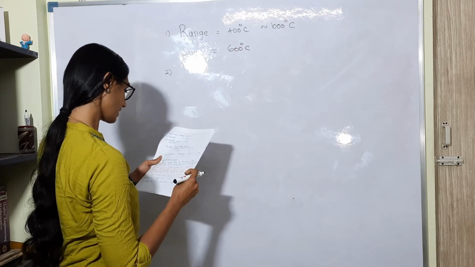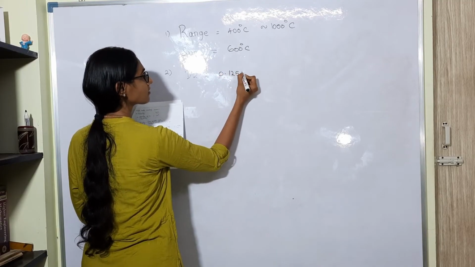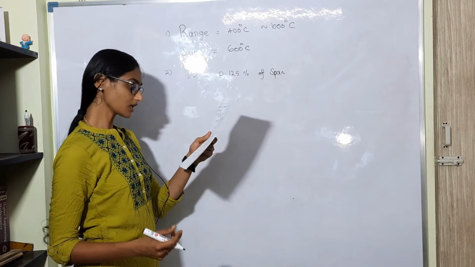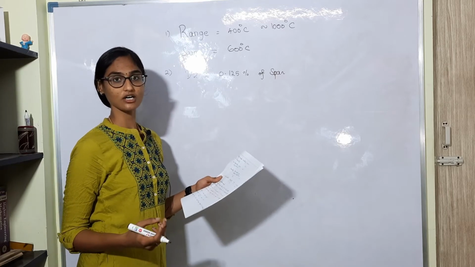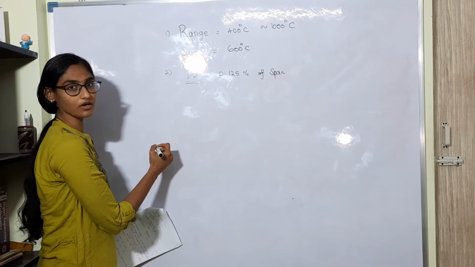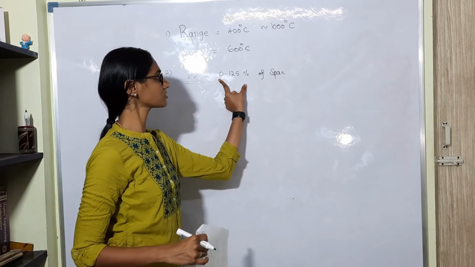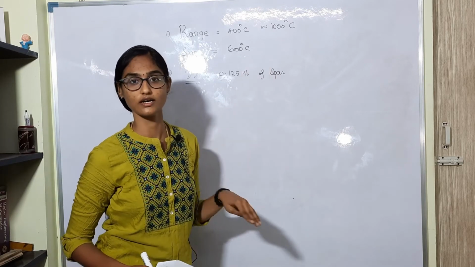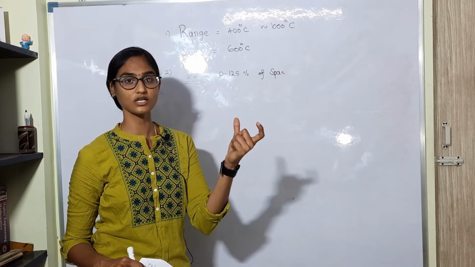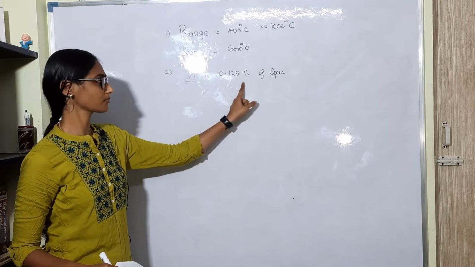Next, it is given that the dead zone is 0.125% of span. What is asked? We should find out the temperature change that might occur before it is detected. It is given that the dead zone is 0.125% of span, meaning that 0.125% of this span is going to be dead, or in other words, the instrument is not going to respond up to certain degrees of temperature, and that is given by the dead zone, which is 0.125% of span.